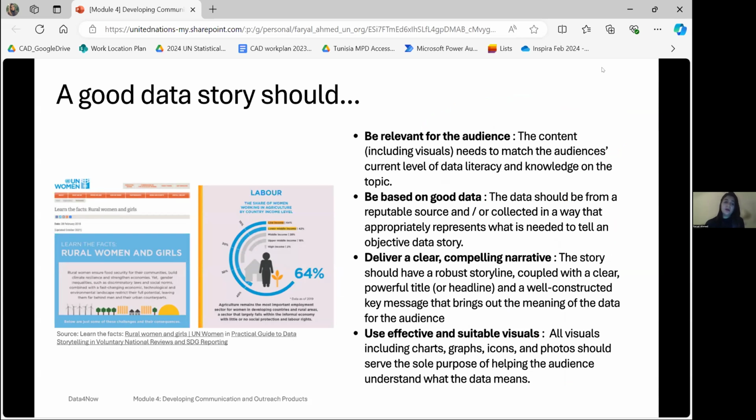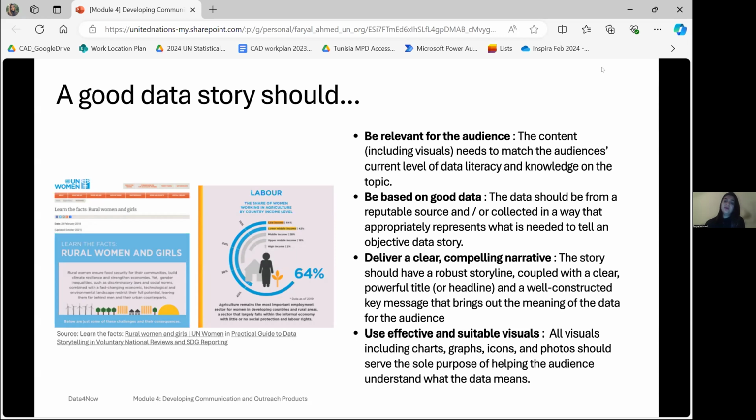We need to think about who we are presenting this information for and who it is useful for. And then the story has to be based on good data. That's our unique selling point as members of the National Statistical System. The data should be from a reputable source and collected in a way that appropriately represents what is needed to tell an objective data story.